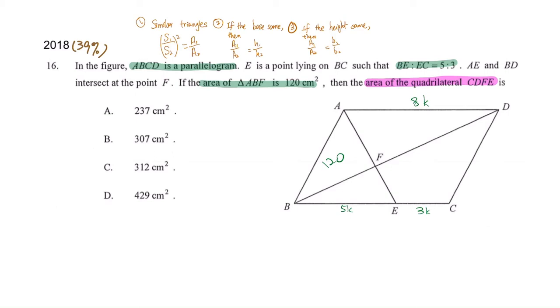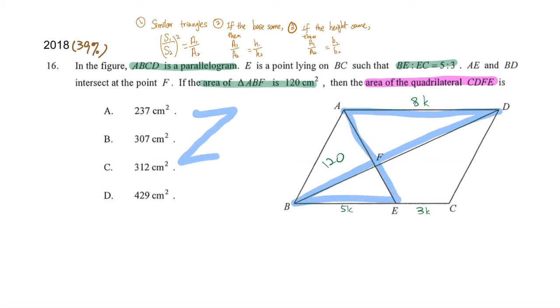Well, if you can't think of anything, then maybe you can think: are there any similar triangles? Are there any triangles that have the same base but different height, or the same height but different base? Then you can think of something. Wait, maybe we can already see some similar triangles. Remember the shapes? It should be either this way or this way usually. If you have these two types, then yes, you get similar triangles.